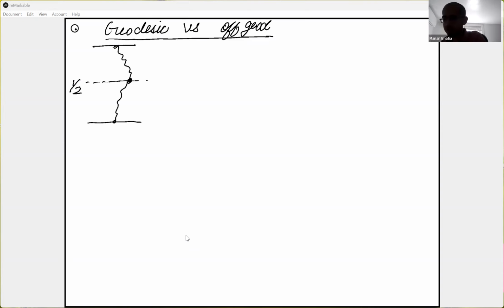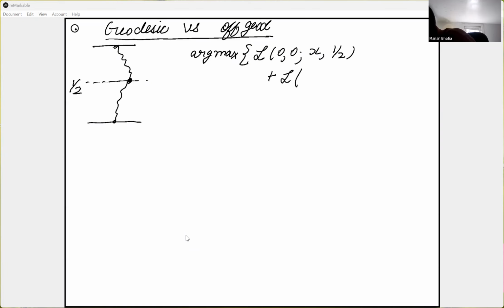To find that point, I just have to find the argmax in x of L(0, x) plus L(x, 0, 1), with the half-plane. I want to find the point which maximizes this. That's of course the point on the geodesic.